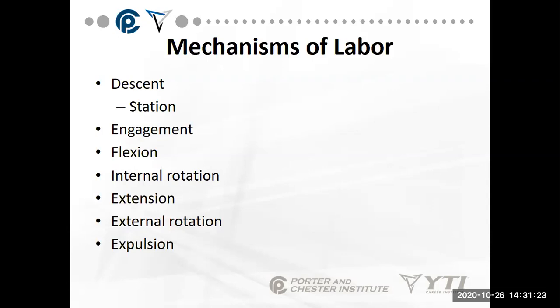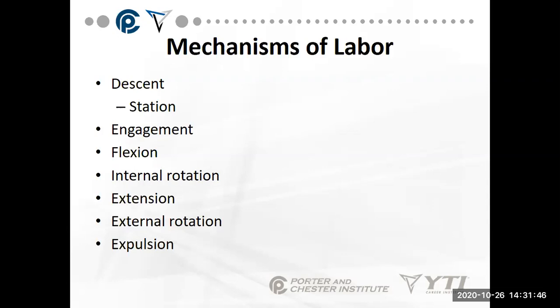As the fetus pushes down by contractions, the curved cylindrical shape of the pelvis is going to cause the fetal head to turn until the occiput is directly under the symphysis pubis, which is occipital anterior, basically face going out anteriorly.